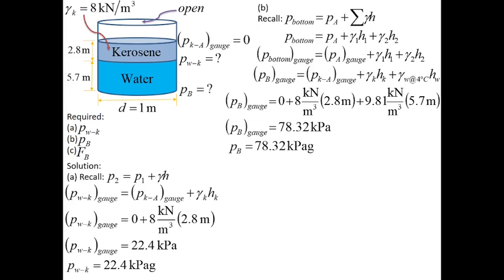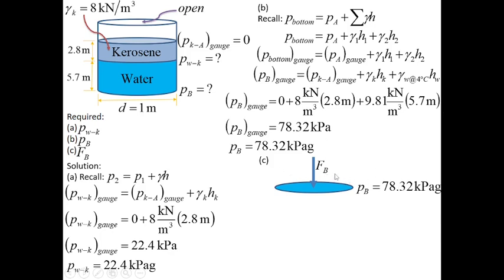What will now be the force at the bottom of the tank? So the force at the bottom of the tank, we consider the pressure at the bottom, which is 78.32 kilopascal gauge. Since there is pressure, there will now be a corresponding force.